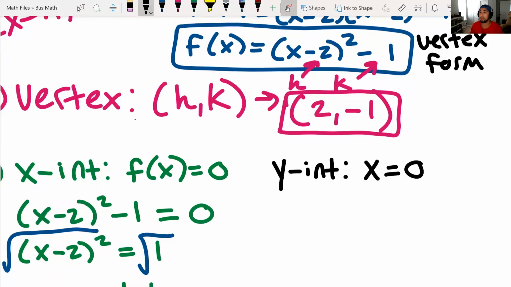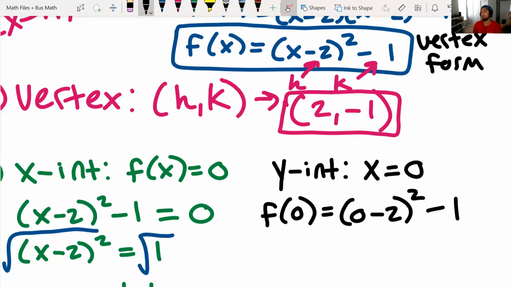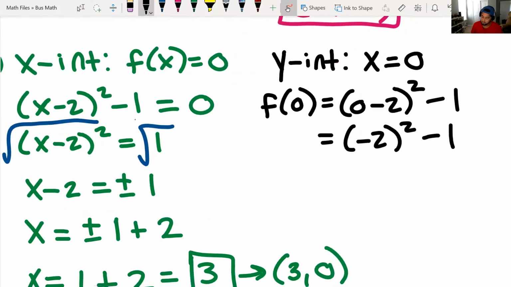We'll just keep rolling with the vertex form. Plug in 0 for x. You'll have f of 0 equal to 0 minus 2 squared minus 1, which will give me negative 2 squared minus 1, which will give me 4 minus 1, which gives us 3.